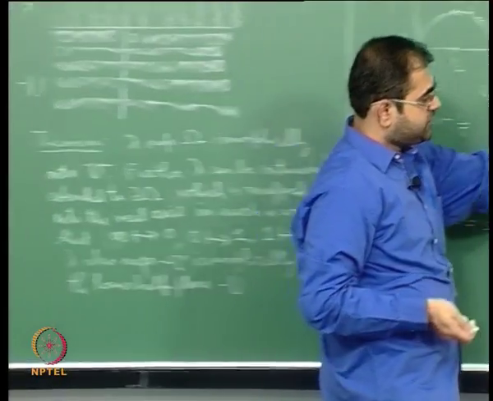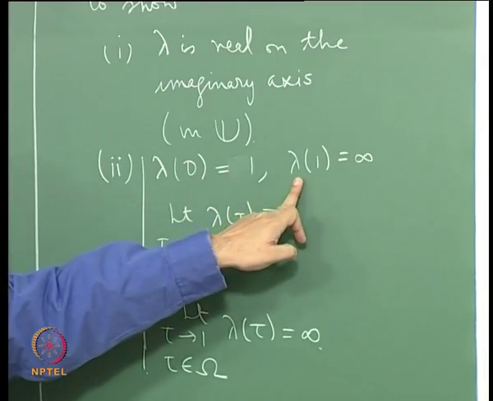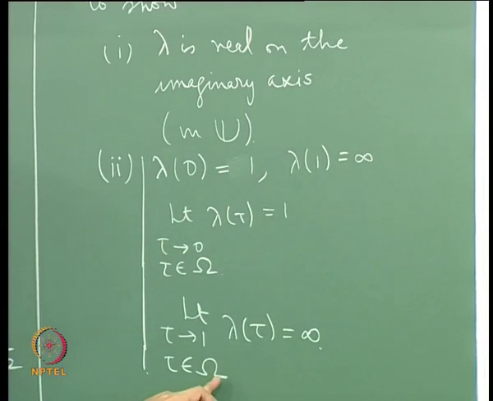So I will have to verify these 2 limits as well. I have to check that the values are these, and then verify these limits. So this is going to be the first part of our discussion.